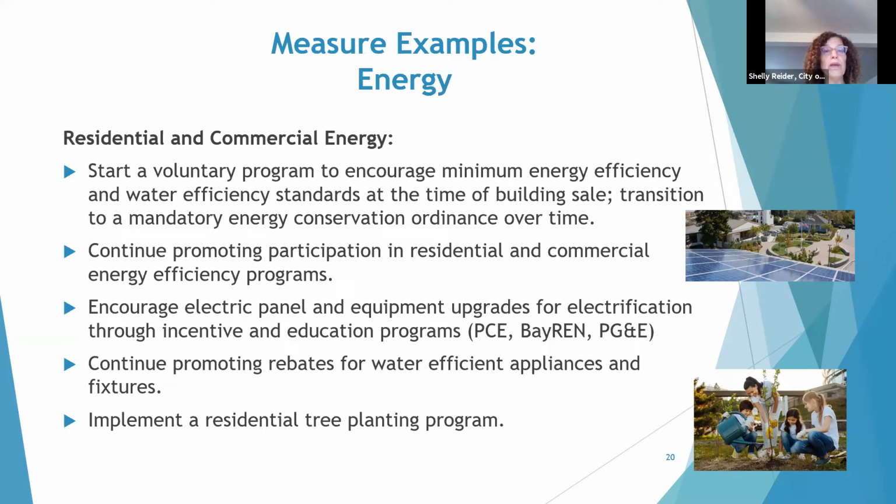Some of these programs are currently offered and others will be building over time, including for Peninsula Clean Energy, BayREN, that's the Bay Regional Energy Network, and PG&E. We'll continue promoting rebates for water efficient appliances and fixtures and implement a residential tree planting program.